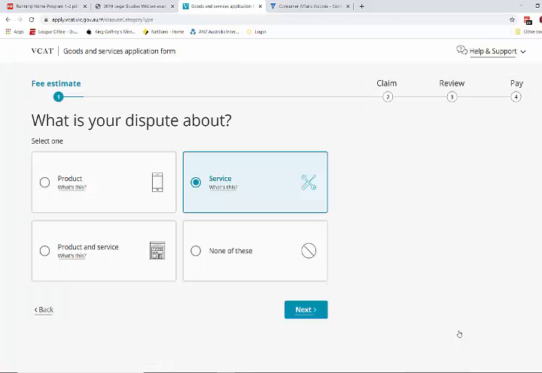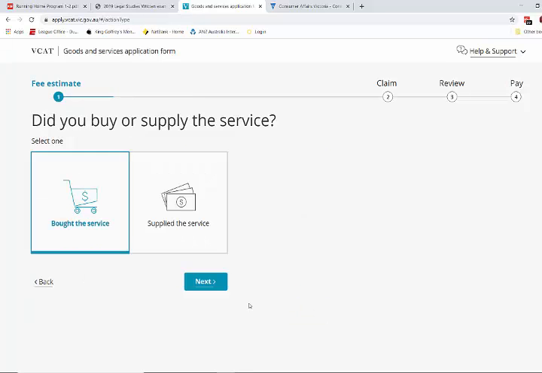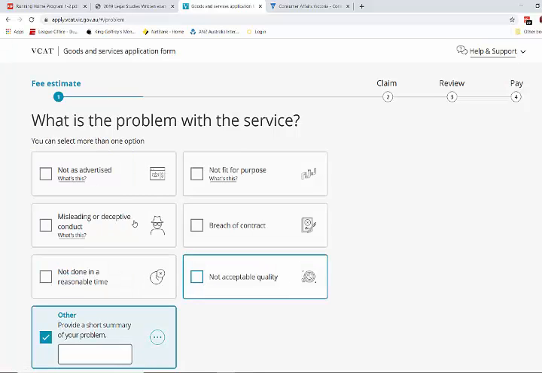Let's start our application. Look, I won't go too far through this because I want to get to what actually happens when VCAT opens a case. But effectively, look how easy this is. It's about a service. You can check what a service is. I bought the service. Yep, I'm Zena.